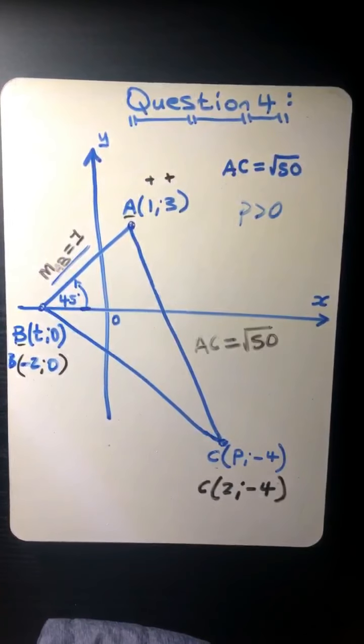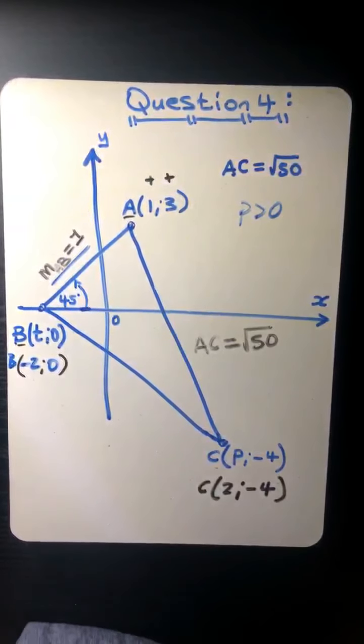here the question says, determine the midpoint of BC. How do we then approach this one? Do you still remember that important question that I said you ask yourself when you're dealing with this chapter?